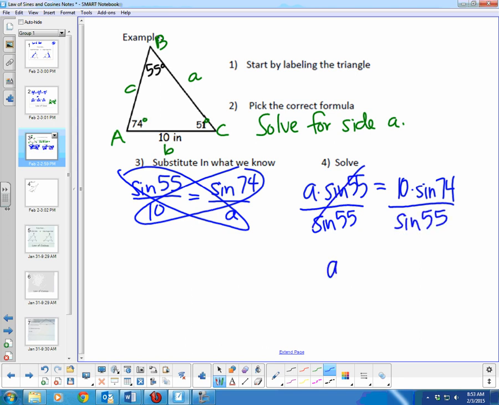Then we have A is equal to, and you need to plug this into your calculator. Hit the fraction button, and then enter 10 sine 74 in the numerator, divided by sine 55 in the denominator. That gives 11.7.